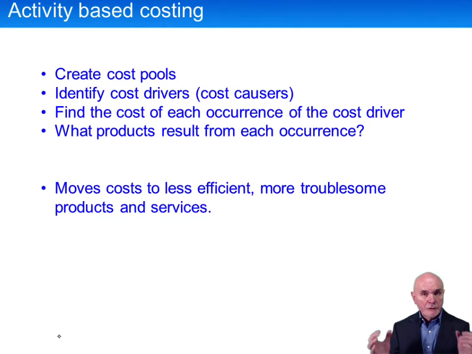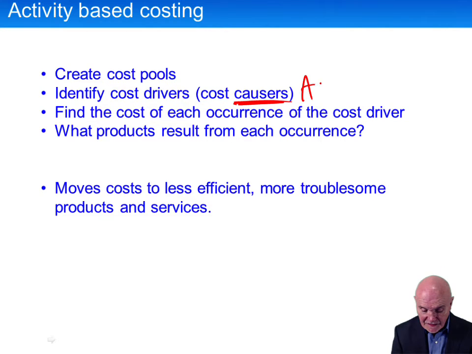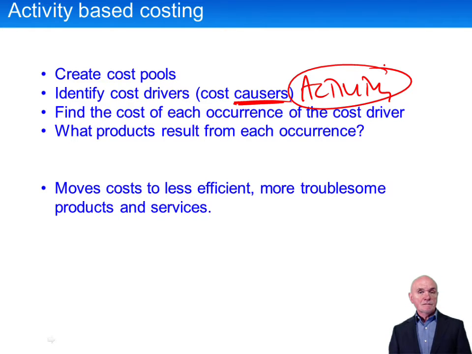So you create these pools, these collections of costs, and they are then identified with what the normal terminology is, a cost driver, but I much prefer to call it a cost causer. What activity causes costs? What activity causes quality control costs to increase, setup costs to increase, and so on?